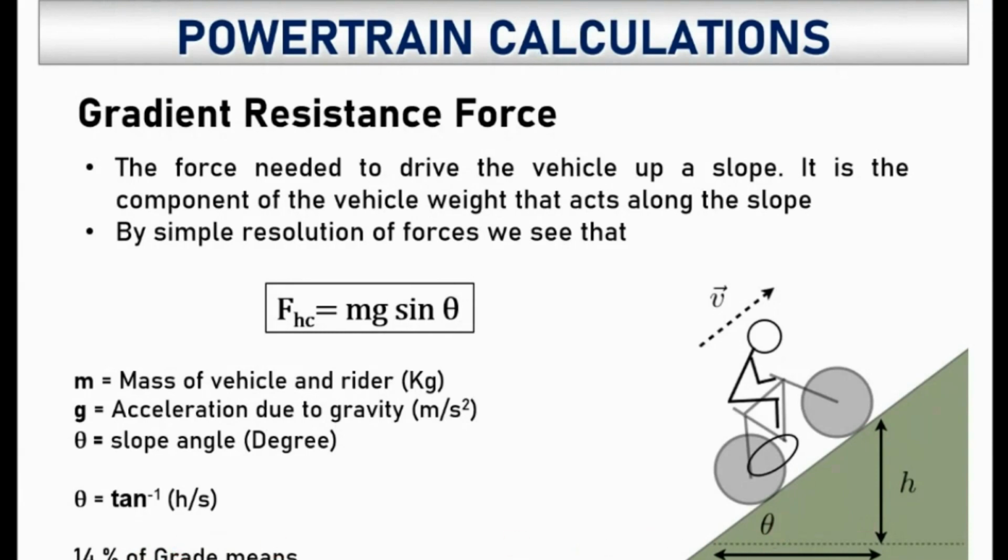As you know, tan inverse of 14 by 100, the grades usually are between 7 to 9 degrees to my best information. But for this you can also look at the standards to verify if this information is right, and you can use that data for your calculation.